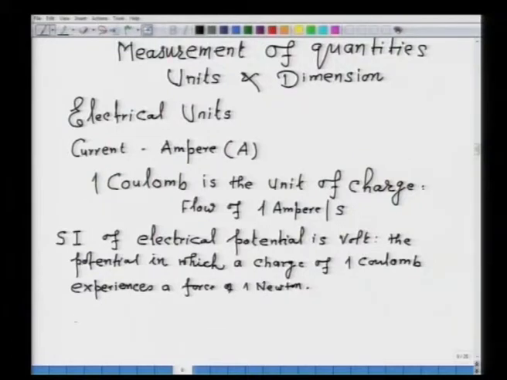Now, as also you know that SI unit of resistance, do you know what is SI unit of resistance? That is ohm.